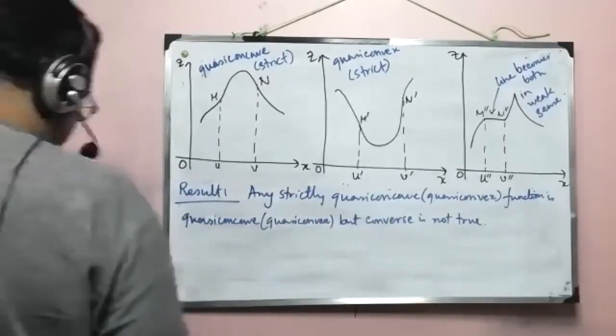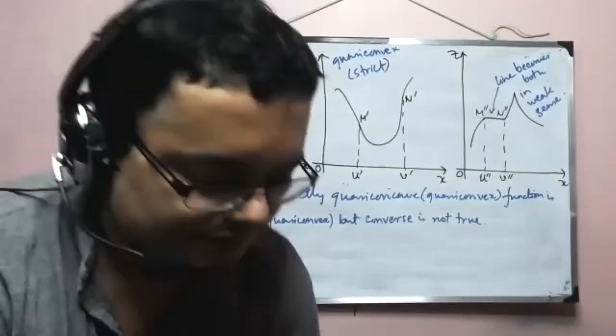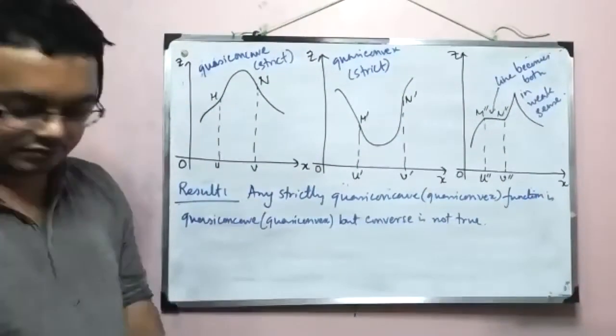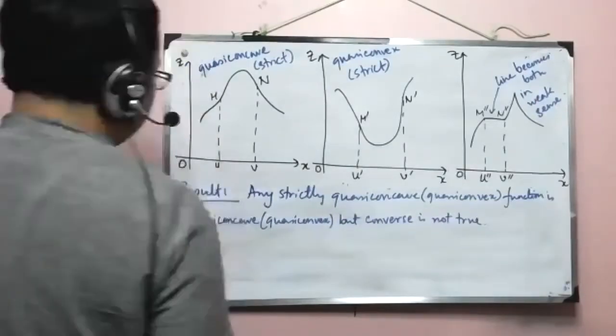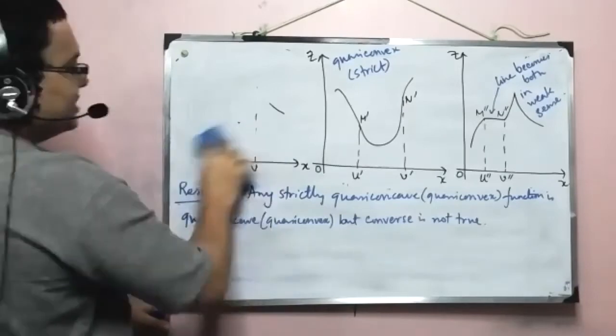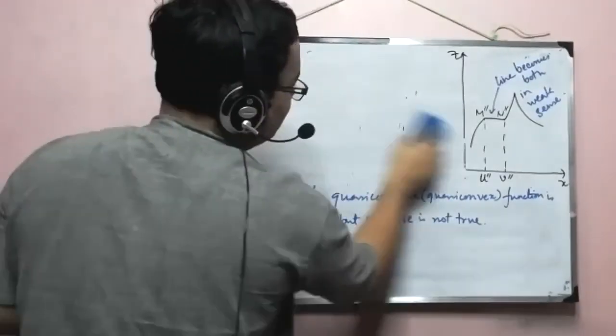Okay, so now we'll look at a 3D diagram, which will give us more about this geometric characterization. Because as I said, it is 3D, we are actually interested in.